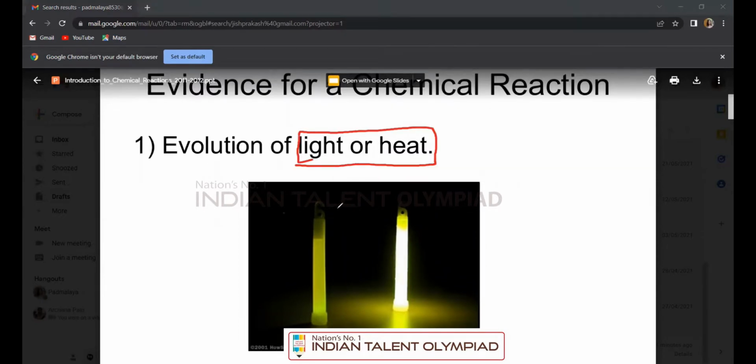Whenever there is an enthalpy change, it will release heat. This release of heat is an indication of a chemical reaction, and in some reactions there is also a release of light. That is also an evidence for a chemical reaction. So this is the first thing here.